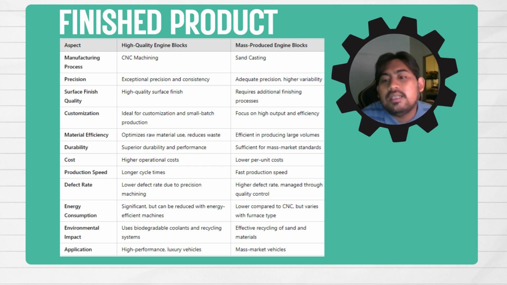Finally, for application, high quality engine blocks are almost always used by high performance and luxury vehicles. The other side, mass produced engine blocks, is for common cars or mass market vehicles. Thank you.